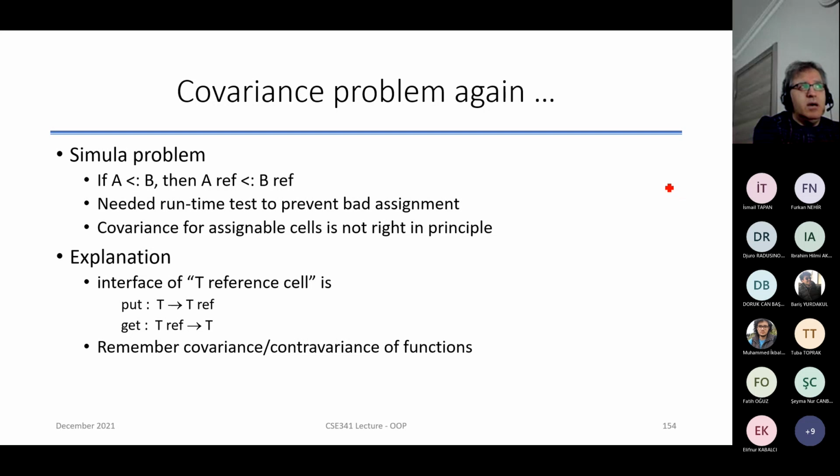The covariance relationship, especially for a function application and the result of that function and the subtyping of the results, has to be considered quite carefully.